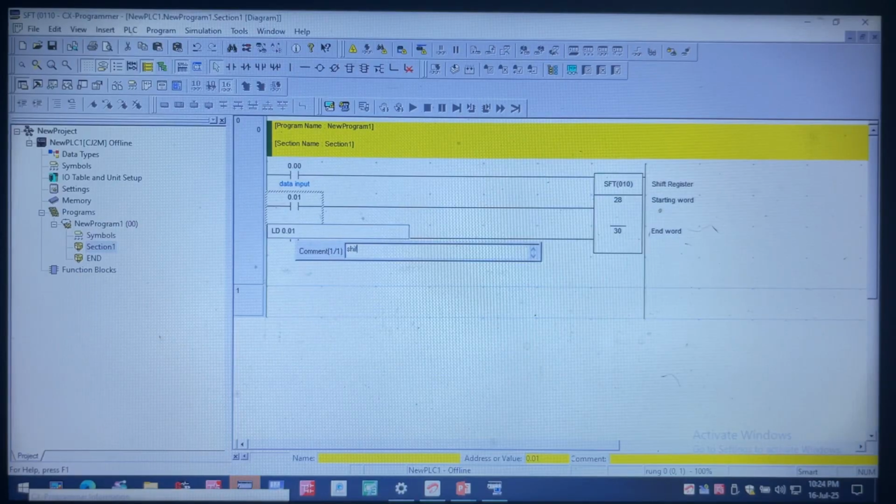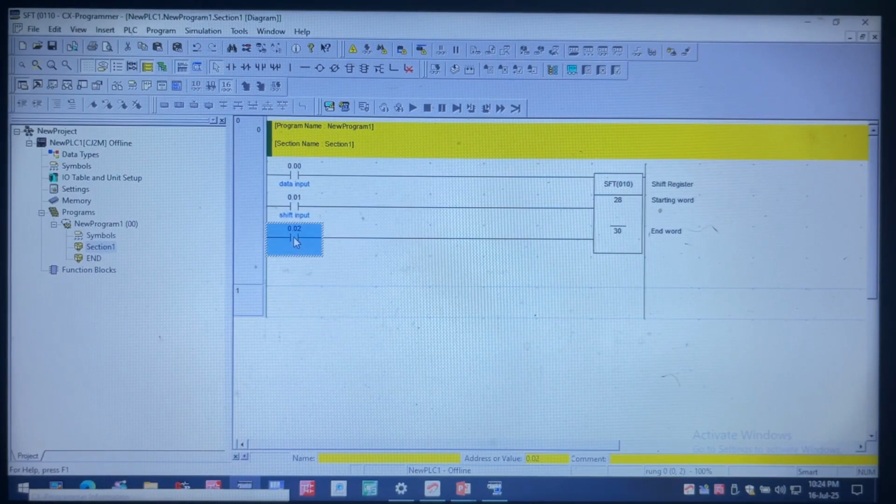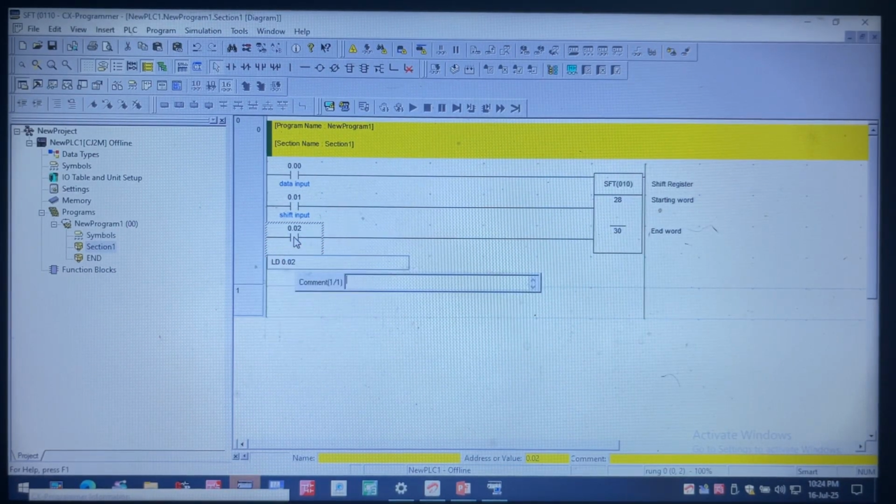And this is 0.02, the reset, RST for short.